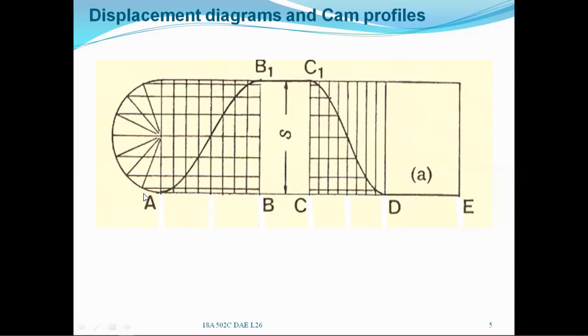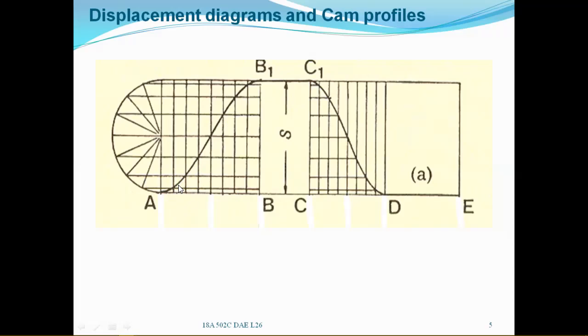Suppose the point 1 of the semicircle, its horizontal line is going to intersect the vertical line of outstroke 1, and that intersecting point becomes one point, say A. Similarly the second point of the semicircle and the second vertical line intersect at one point, and similarly the third point, and so on in the outstroke, and similarly in the return stroke also.